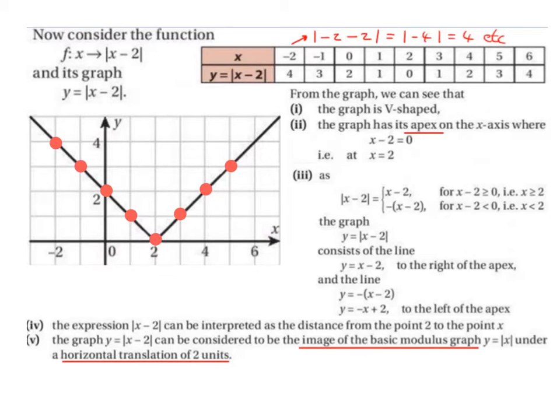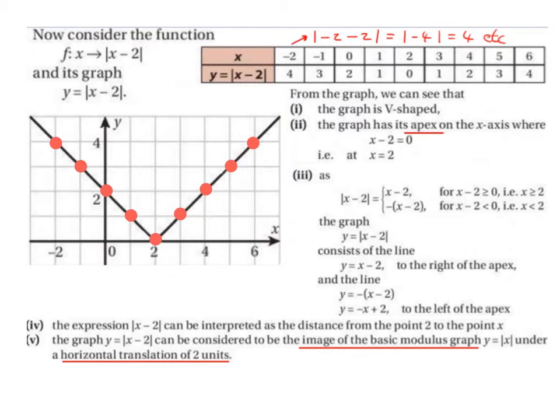And 6, 4. So we join them together with a ruler, and obviously they go on in either direction to infinity. So it's very similar to the graph of y equals the modulus of x, which we just had a look at. It's the exact same actually, except it's been moved 2 places to the right. It's been translated 2 places to the right.